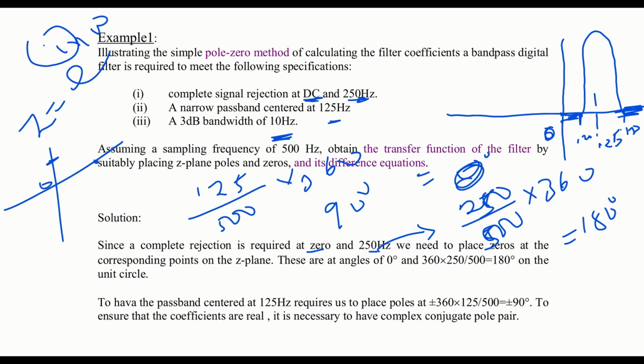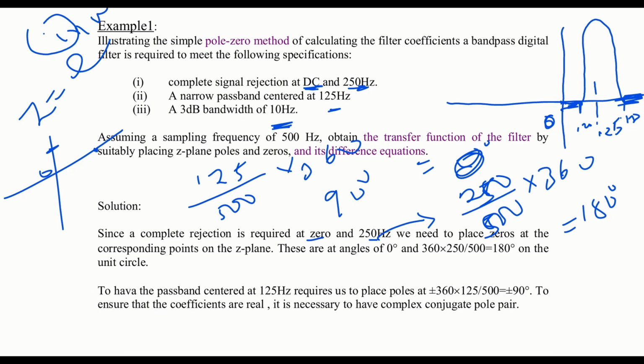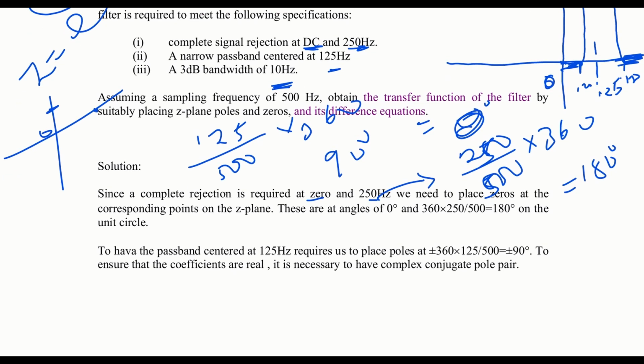We did not need to complement our zeros because they were all real: 0 degrees fell on the x-axis, 180 degrees also fell on the x-axis, but it didn't happen so for our poles. So the angle for our poles will be plus or minus 90 degrees, because one occurred at positive 90 degrees.